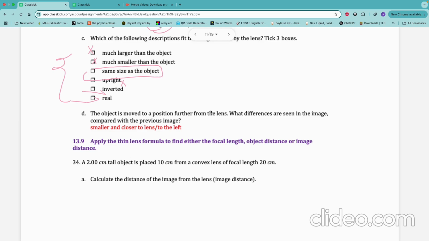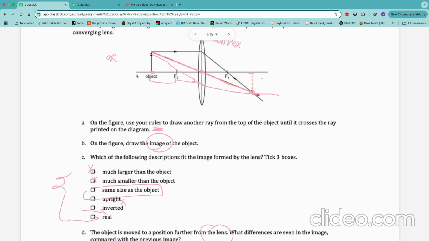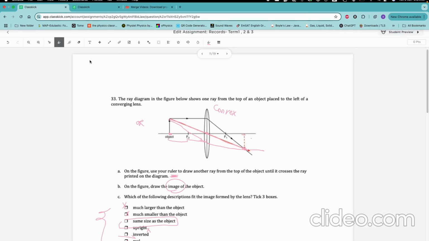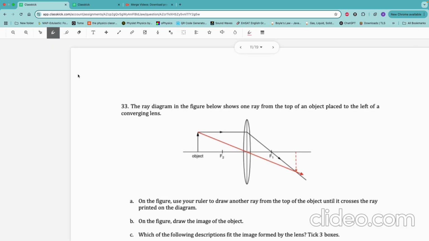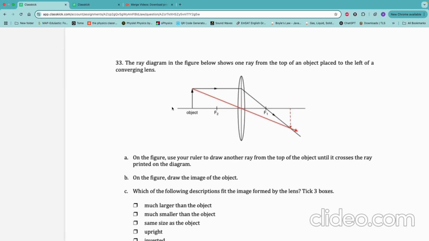The object is moved to a position further from the lens. What differences are seen in the image formed here by placing this object further away from the lens? So what are you expecting?